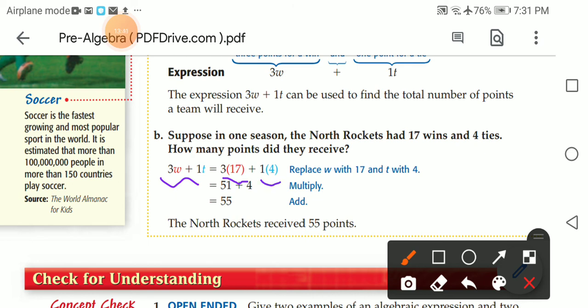So what did I do here? I replaced W with 17 and T with 4. It's easy now to solve this expression. So the answer will be 55.